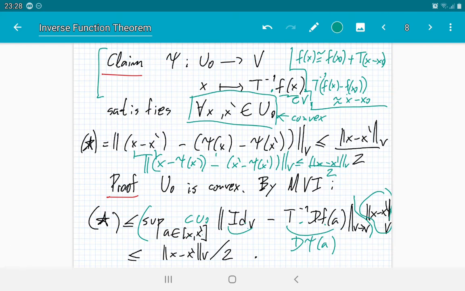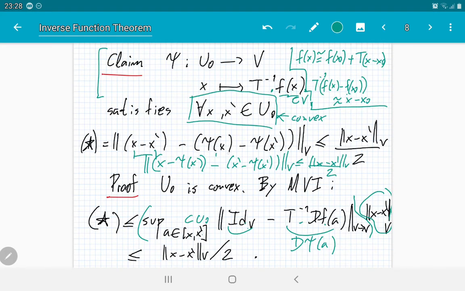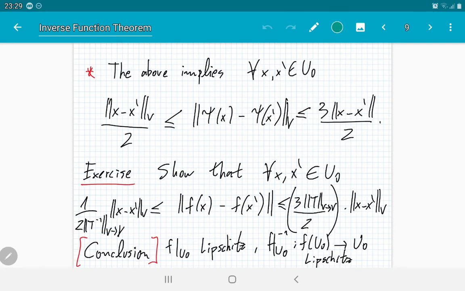Okay? So, we have all these approximations, so what, right? Well, first of all, notice that I have these two inequalities for psi of x, just from the triangle inequality, subadditivity, right? So you see that the norm of psi of x minus psi of x prime, well, I know that this difference has norm bounded by half times the norm of x minus x prime.